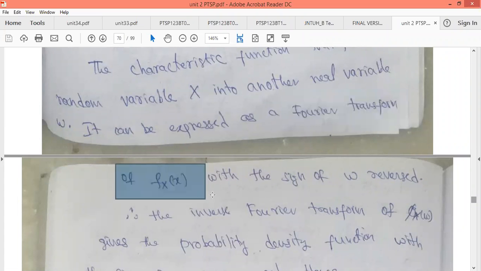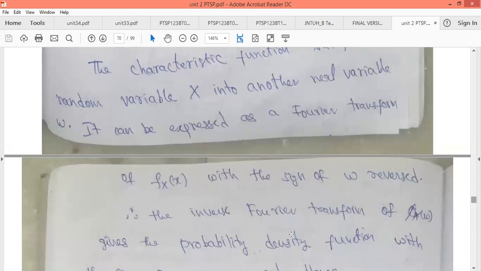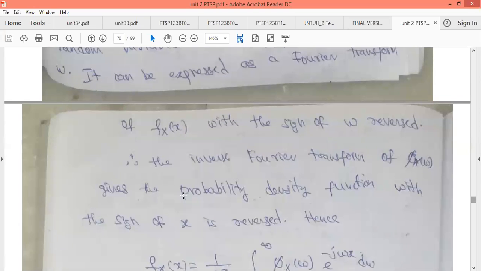The only difference is that the characteristic equation has the sign of omega reversed compared to the Fourier transform. If you reverse the sign, the Fourier transform of f_X(x) gives us the characteristic equation.